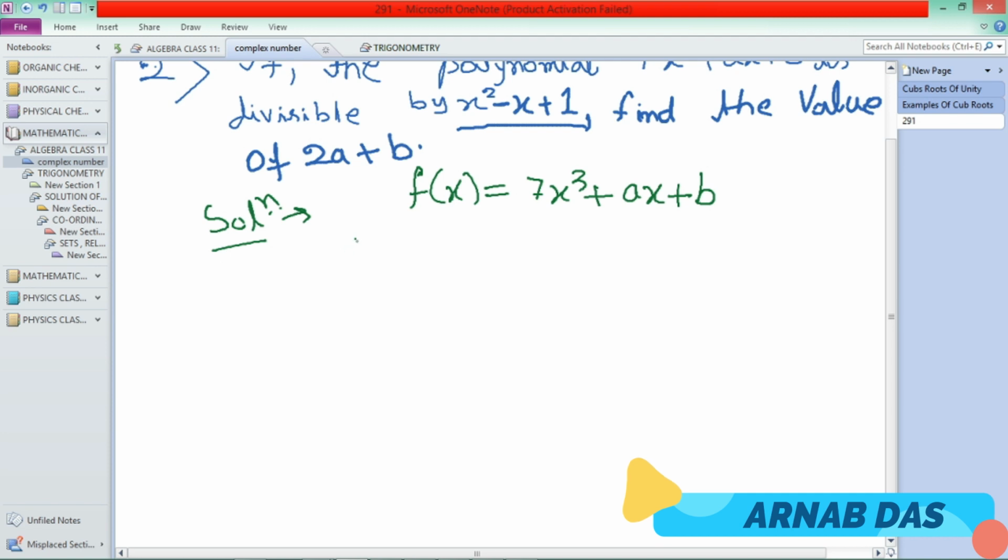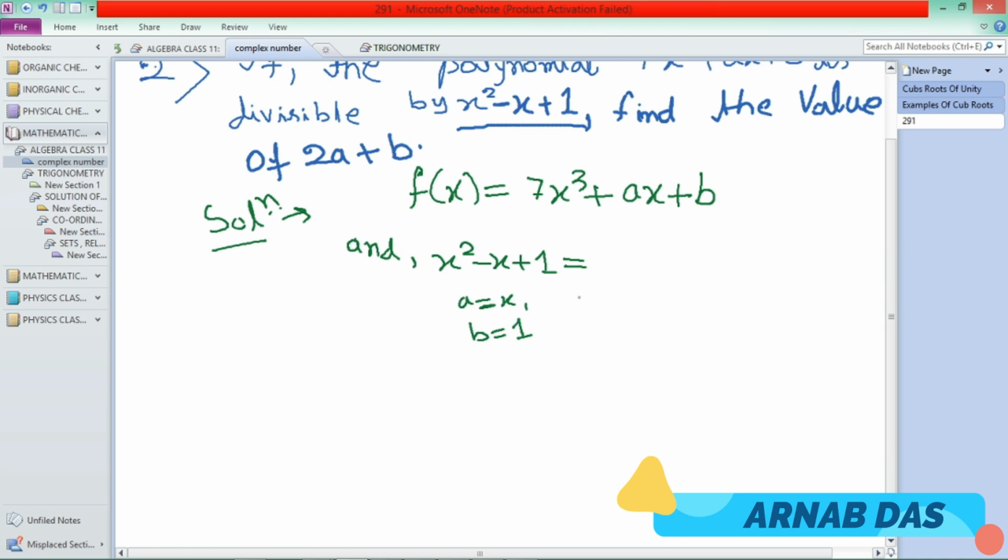You also know that x square minus x plus 1 equals a square minus ab plus b square, where a is x and b is 1.